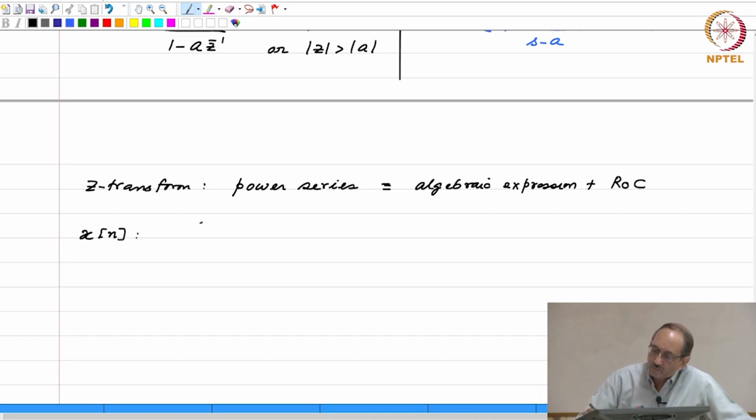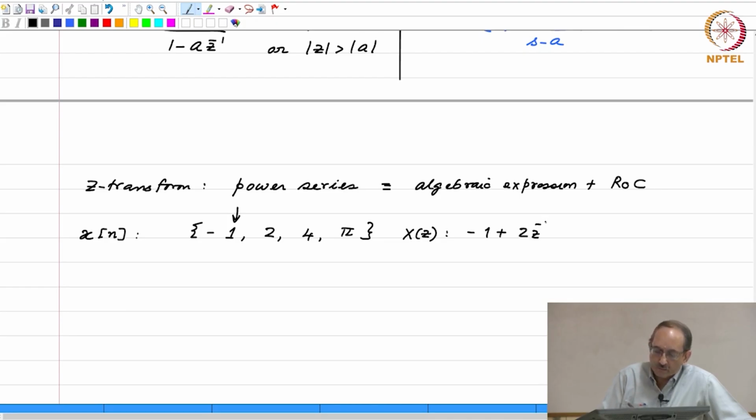Suppose you had x of n to be minus 1, 2, 4, pi, and we will use this arrow to denote that this is the n equal to 0 term. For the corresponding x of z, all you need to do is merely apply the definition. So, this is minus 1 plus 2z inverse plus 4z to the minus 2 plus pi times z to the minus 3.